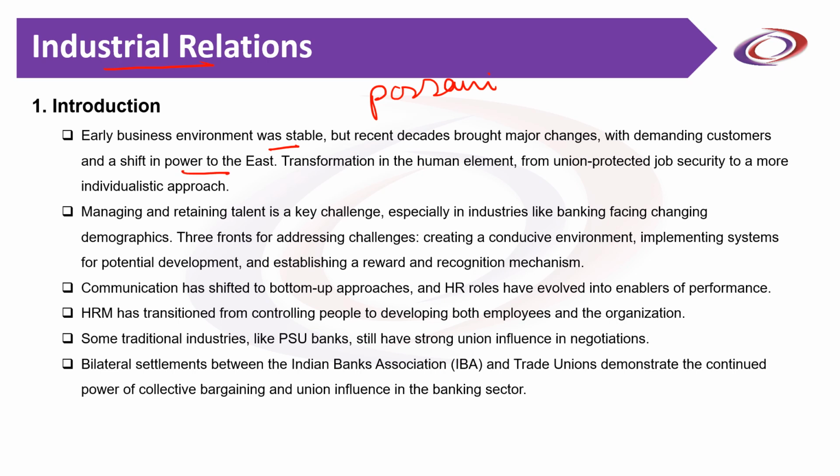Transformation is seen in the human element from the union protected job security to a more individualistic approach. So the business environment has changed with the birth of the concept of global village, the expectations of not only the customers but also the employees. It has led to a more dynamic environment, a more individualistic approach.